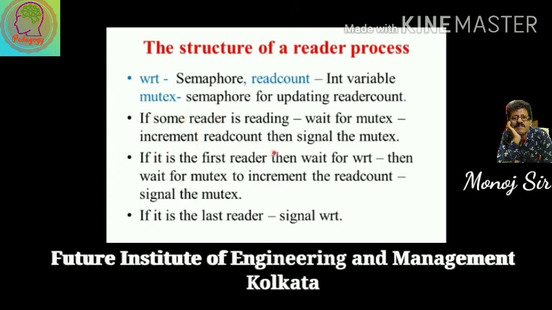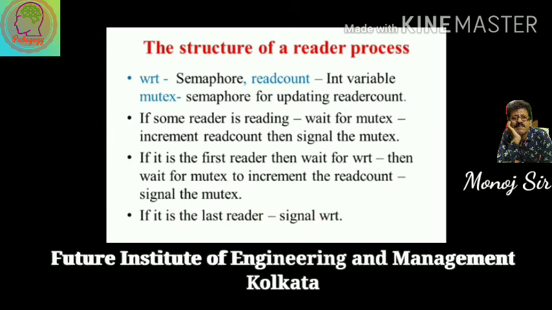Remember that if it is the first reader, then wait for WRT, and wait for mutex to increment the read count, and then signal the mutex. But if it is the last reader, then again signal WRT. So this is the structure of a reader process.